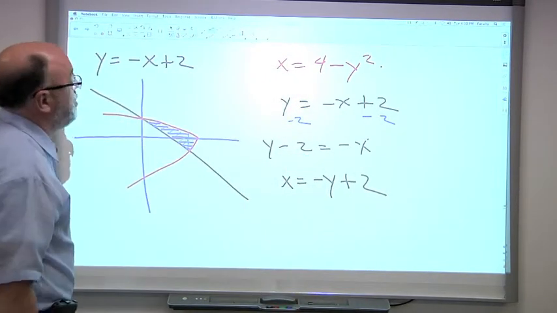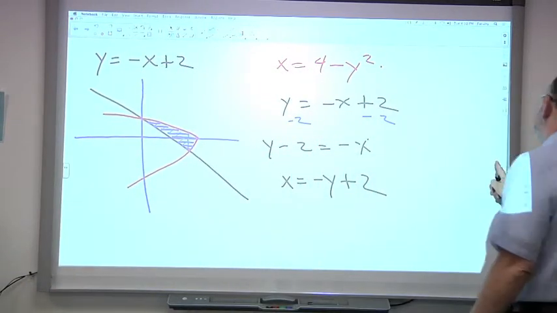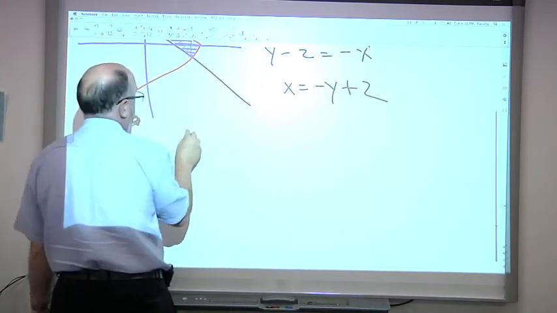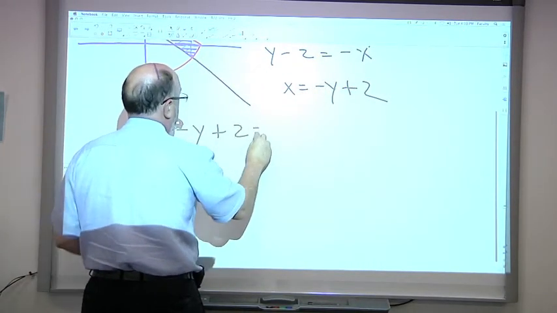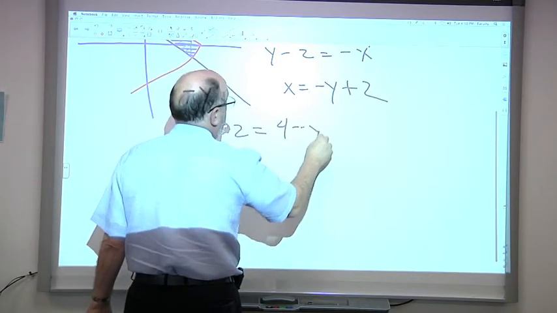Just change the sign. And now I need to find out where those intersection points are. So we got minus y plus 2 is going to equal 4 minus y squared.